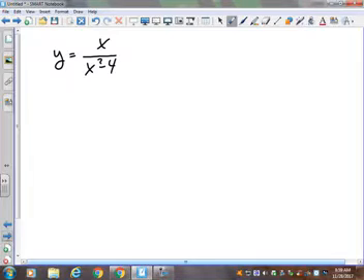actually, in this problem, we're going to twist it a little bit on our derivative. So dy over dx, we're going to take the derivative twice. This is going to give you a lead in on tomorrow's lesson.